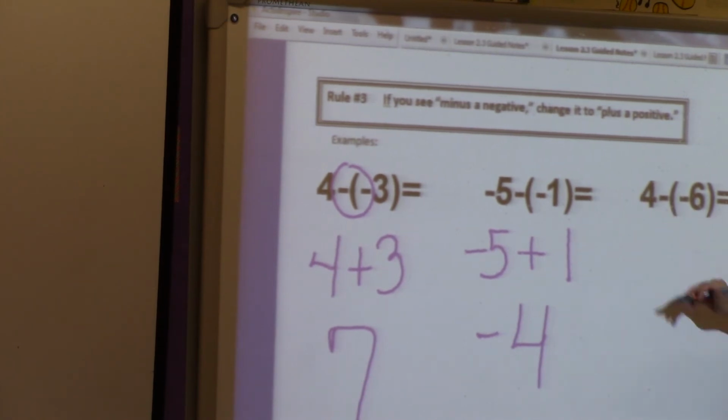Nice. Minus a negative changes to plus a positive. 4 plus 6 is 10. Boom. Guess what? You're done with your notes.